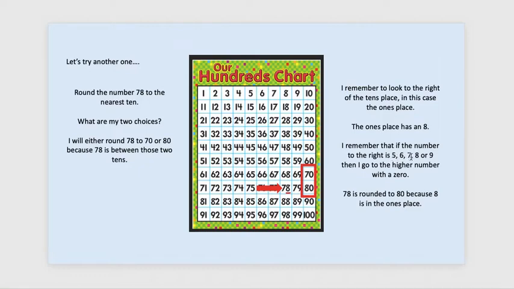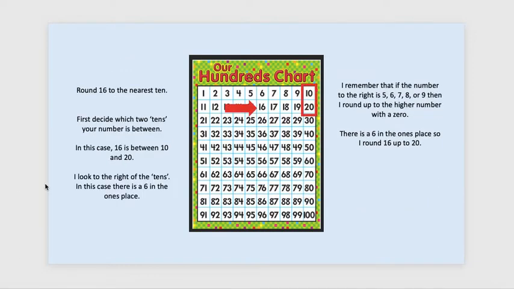If it's 5, 6, 7, 8, or 9, then I go up. So I'm going to round up to 80 because of the 8. I know that 78 is between 70 and 80, and it's going to be one of those. Because of the 8, I went to the higher choice.